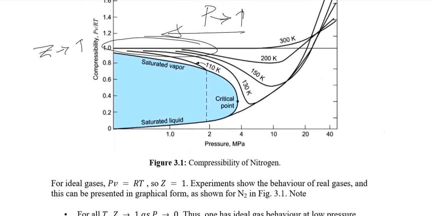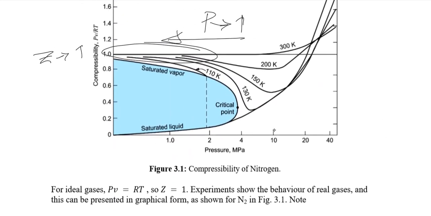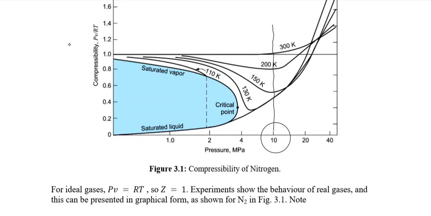Now let's have another example. Let's have a pressure above the critical point, at 10 megapascal, but the temperature is also increased, more than 300 Kelvin. So even if my pressure is increased, but my temperature is also increased, you can imagine this line is approaching 1 now.